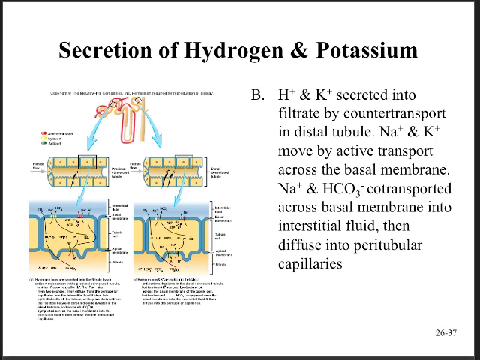Now, you might well ask, okay, that's all well and good. We can control the amount of proton that we put into the filtrate, and ultimately that ends up in the urine. But how do we avoid damaging the distal convoluted tubule and the collecting duct as a result of the accumulation of protons that's obviously going to perturb the pH in the filtrate?